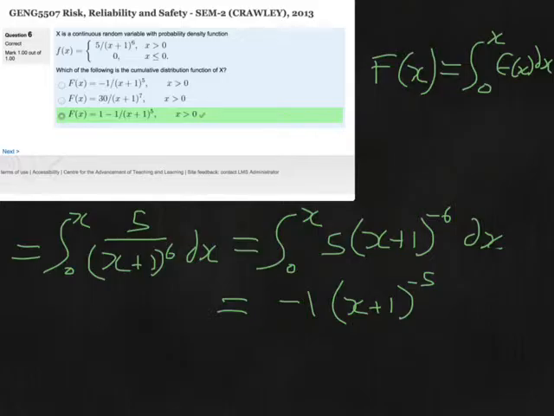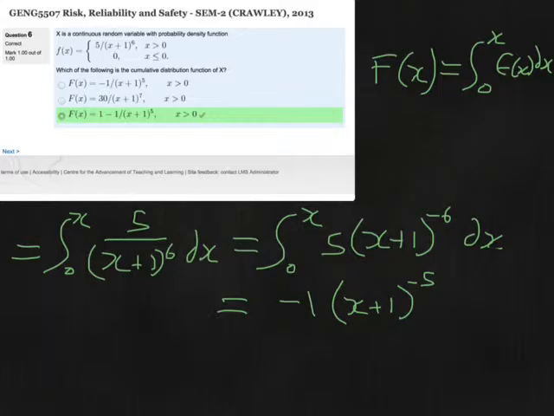So if I'm doing minus 5 times minus 1, I'm going to get the plus 5 I need, and then the n minus 1 is going to give me the minus 6, and then when you multiply by the derivative of the inside, you're going to get times 1.